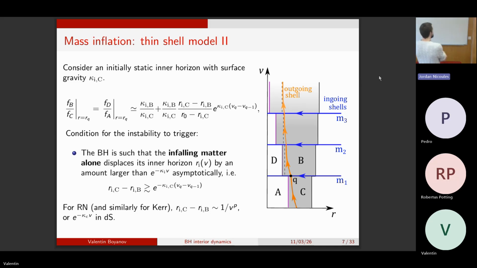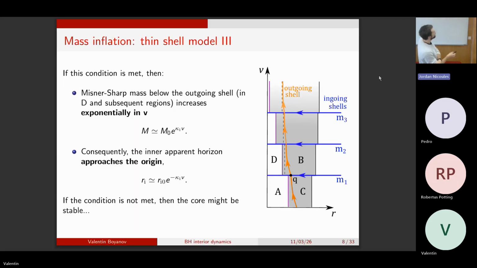But if the condition is satisfied, then, as I said, you get an exponential growth in the Misner-Sharp mass in the region below the outgoing shell.